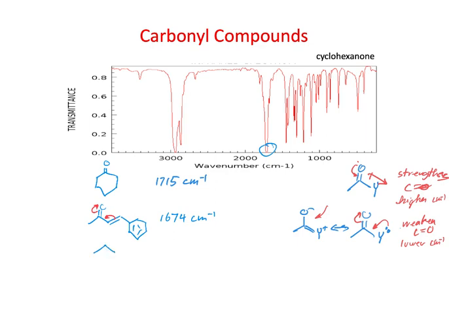If we have an ester, of course, the ester has non-bonding electrons here, but oxygen does a little bit more electron withdrawing than it does donating, because oxygen is more electronegative.